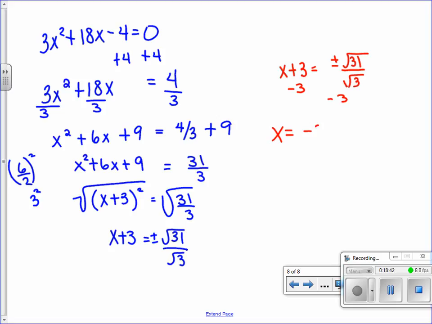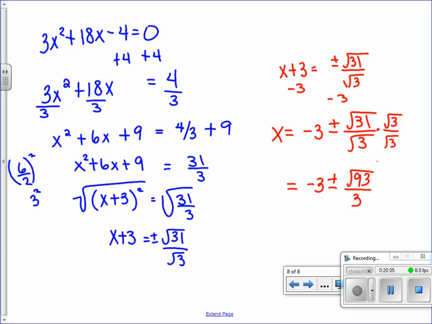X equals negative 3 plus or minus the square root of 31 over the square root of 3. Now, we would be done, except for what? Yes, that's the stinking thing right there. There you go. Right there.